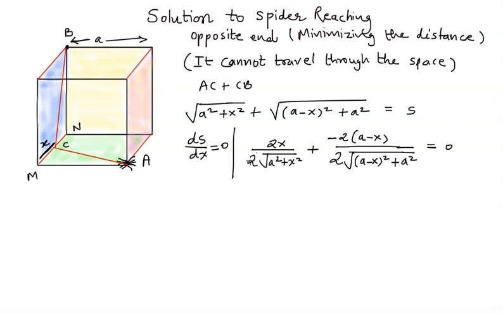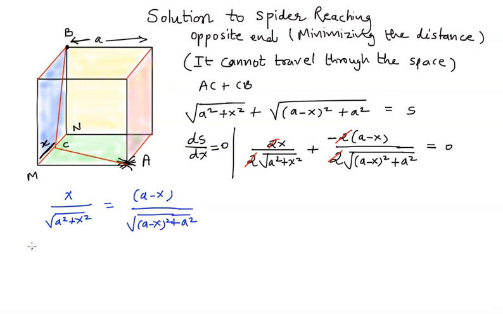So first let us cancel out those 2's in the numerator and in the denominator. We are left with x divided by square root of a square plus x square, and let us shift the other term to the right hand side. We have (a minus x) divided by square root of (a minus x) bracket square plus a square.